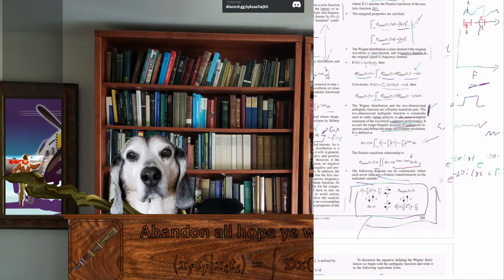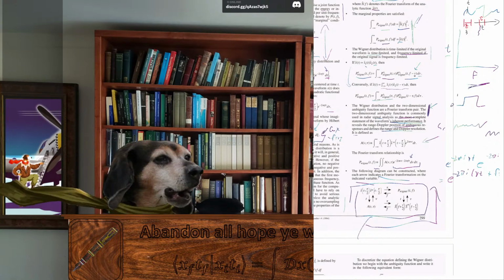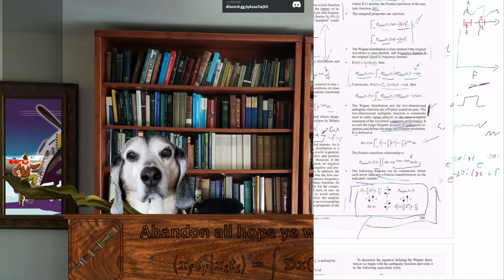Oh, okay, right, so we're integrating over frequency space here, right, and here we're integrating over time space. We're integrating tau, which is in time space. So we're just integrating over different things.